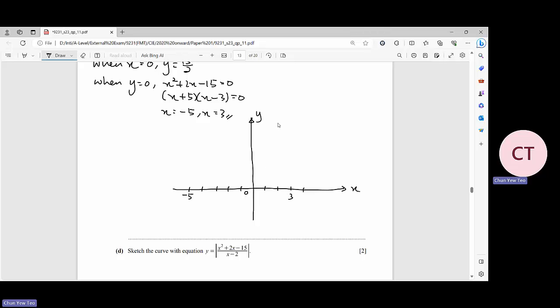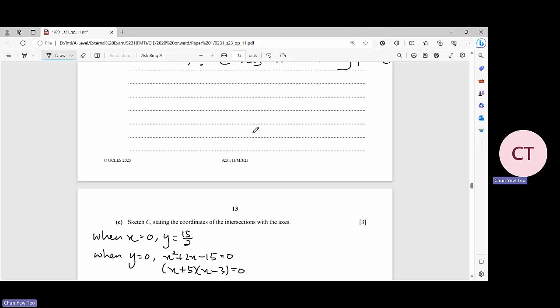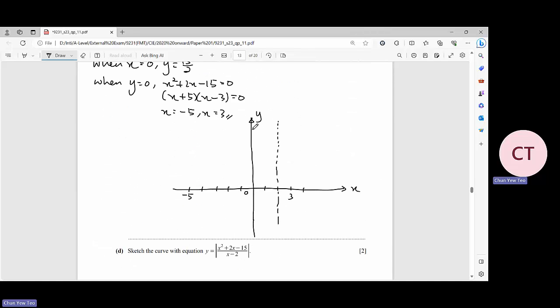Then x equals 2 is the vertical asymptote. Your oblique asymptote is y equals x plus 4. 1, 2, 3, 4. So that will be your vertical asymptote, and that will be the oblique asymptote.